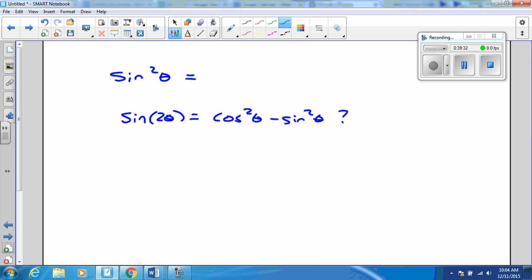The identities are not magical incantations that you memorize in order to level up. They are relationships between the trig functions that have to be understood as relationships. So we have to go all the way back to angle addition. We went through these proofs before, and all of you kind of, whatever.